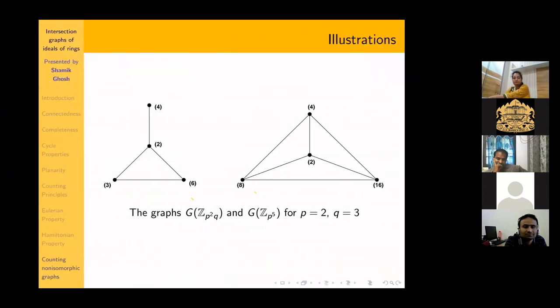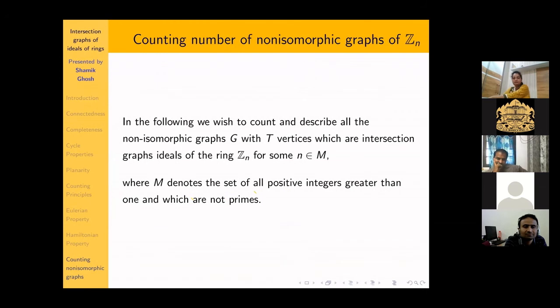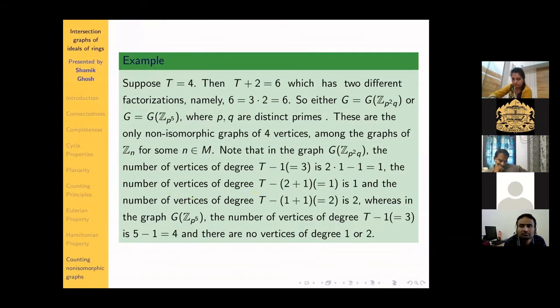So the last thing actually should be the last but one, but in the last thing I am telling how to count the non-isomorphic graphs of Zn. That is very important in this context, that I am saying which graphs of Zn are isomorphic and which are not isomorphic, and counting the number of non-isomorphic graphs is very important.